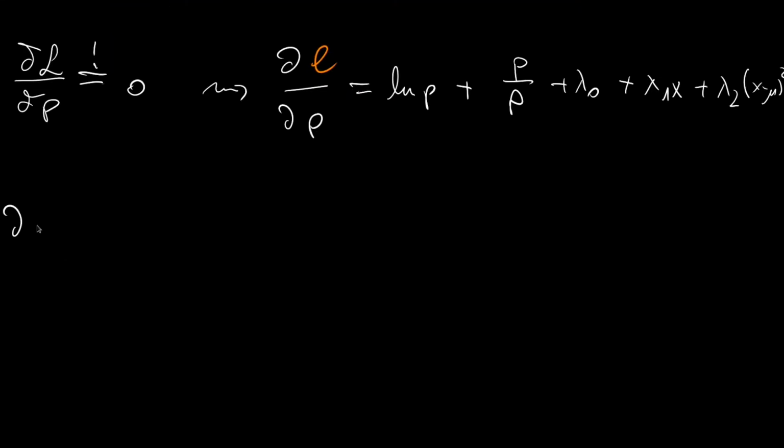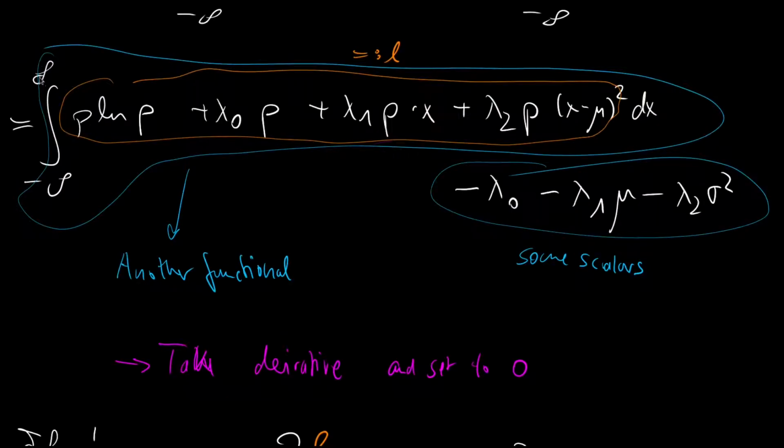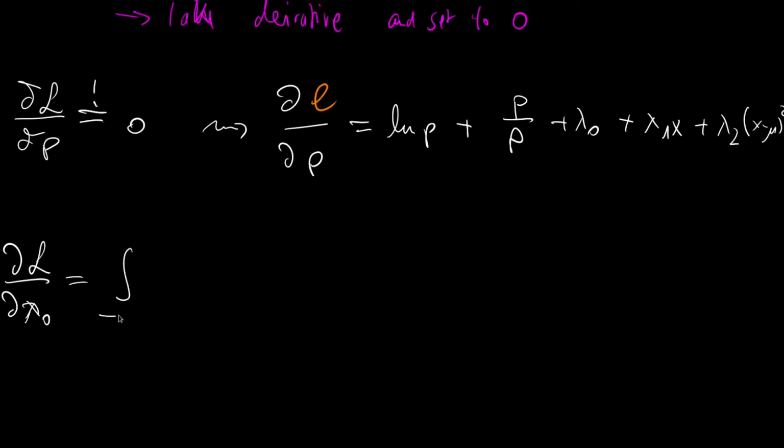Then let's continue with the next derivatives of the Lagrangian with respect to lambda 0. And now we just take the classical partial derivative because, again, lambda 0 is a scalar, as the other lambdas are as well. If we go back up, then we see, well, we are left with the integral over p dx and then minus 1. So this will be the integral from minus infinity to plus infinity over p dx minus 1, which has to hold to 0.